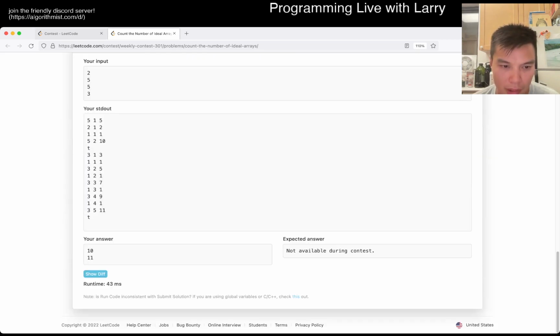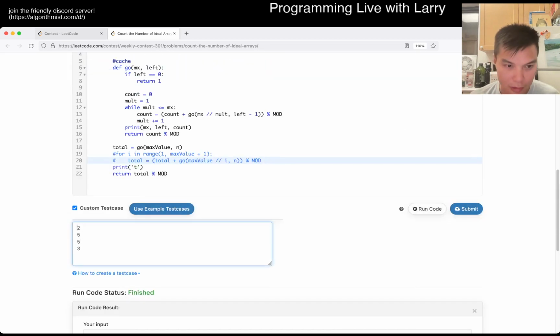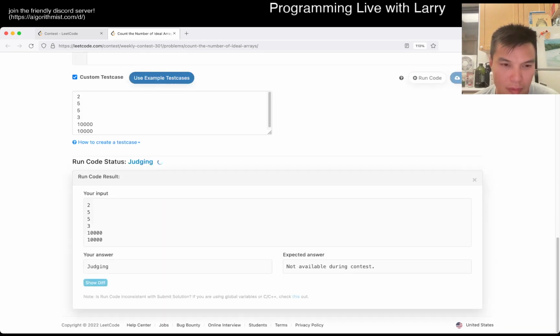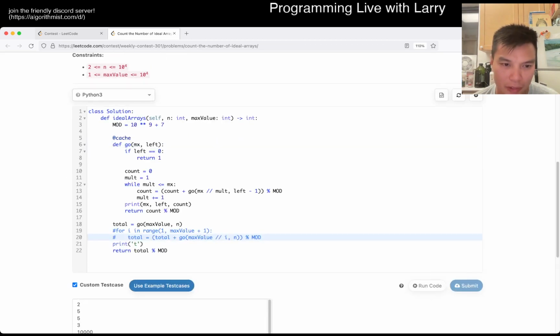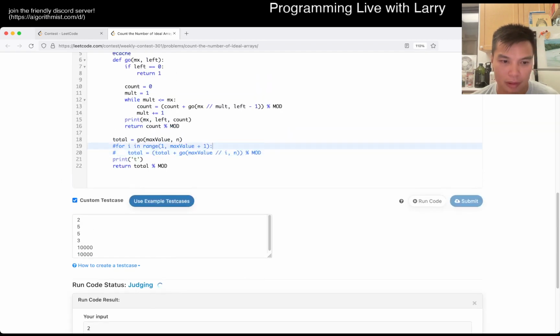Okay, so now this is right, but is it fast enough? Might still not be, but at least I have the idea, and then now we can see if we can optimize this part.